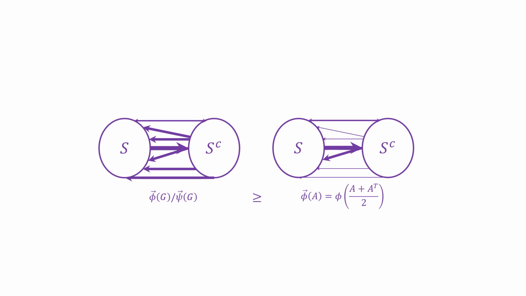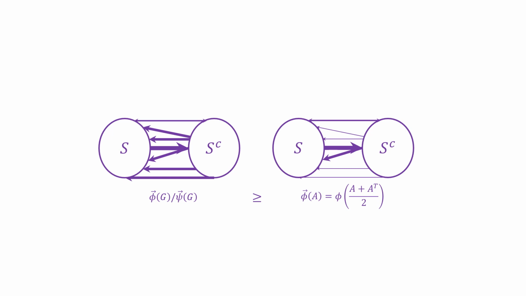With these constraints, there are two reasons why Eulerian reweightings would be the way to go. First of all, the conductance of the reweighted graph is a lower bound on the original conductance. And it's simply because the amount of edge weights going between S and S complement can only go lower.